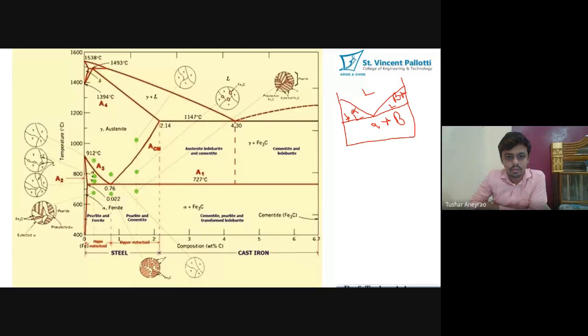Now, if I draw a line at this particular position, only at this yellow line, the mixture will be 50% alpha and 50% beta.